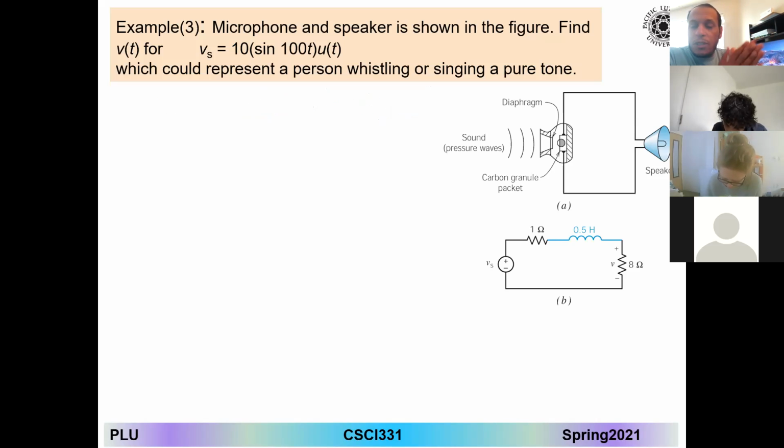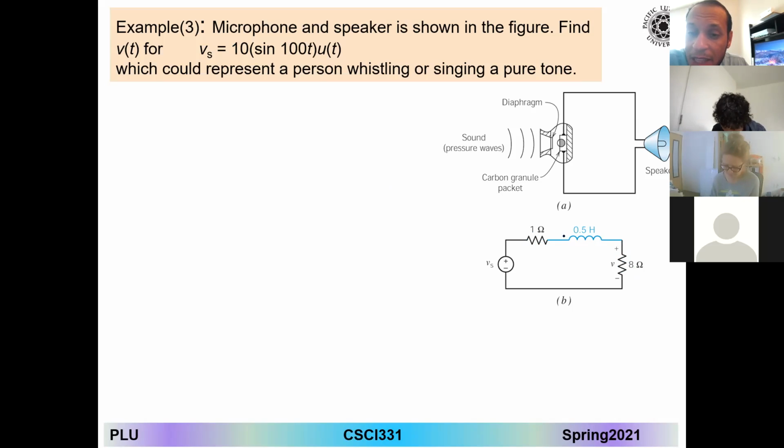Here's an example of what we call the megaphone. When you use this speaker to protest or something, we use the megaphone to amplify the voice. You can represent this megaphone as this simple circuit, with resistors and inductors, and your output in the microphone.